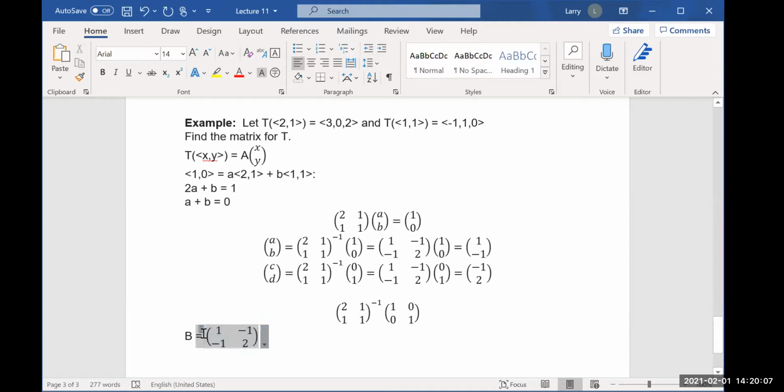And let's do this. So here's what A is. A is equal to, I'm going to first do this matrix to turn it into this weird basis. Then I'm going to apply T using its matrix. And its matrix is 3, 0, 2, negative 1, 1, 0.